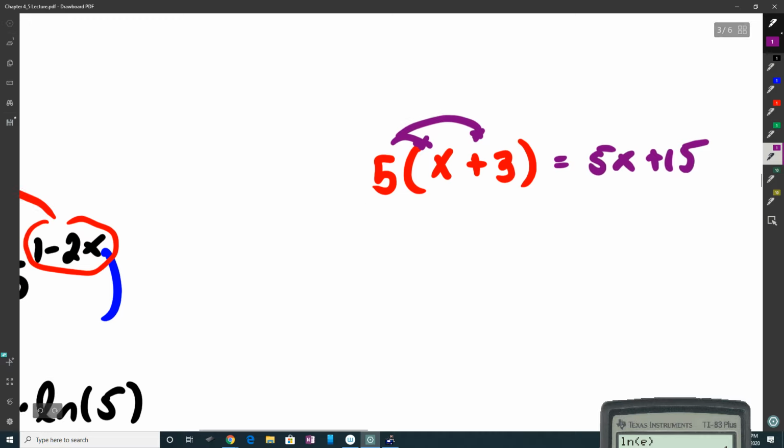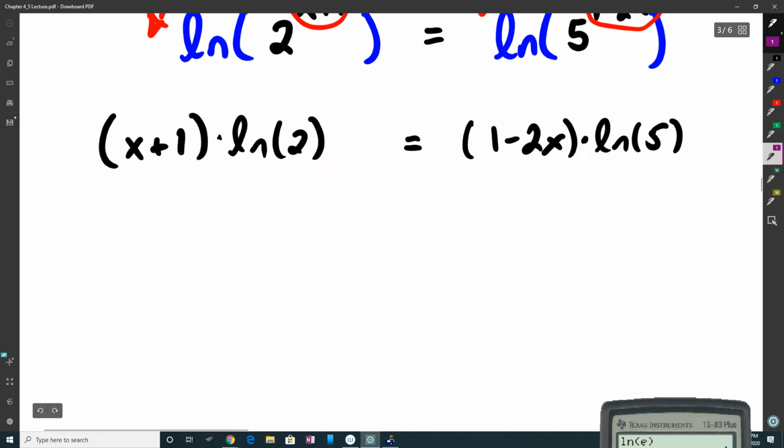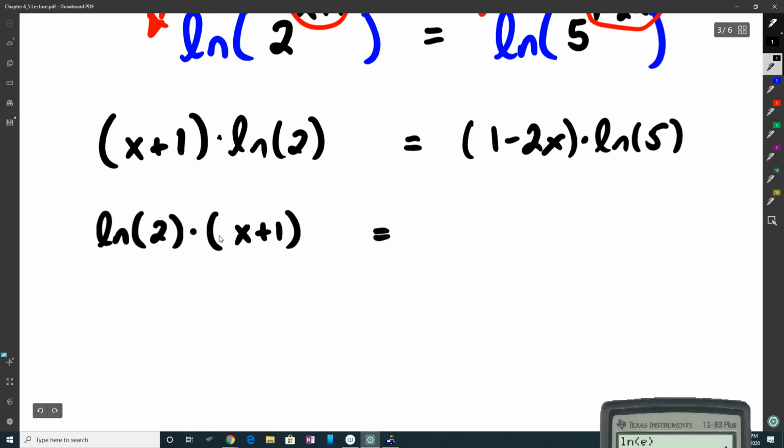Well, that's exactly the same thing that we're doing here. I have a number times x plus 1. I have a number times 1 minus 2x. So if you want to make it a little visually appealing, you can put the number on the left if you want. Doesn't matter.